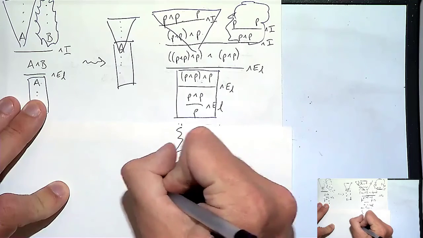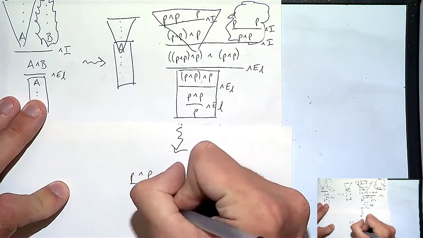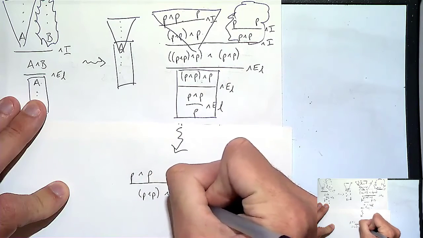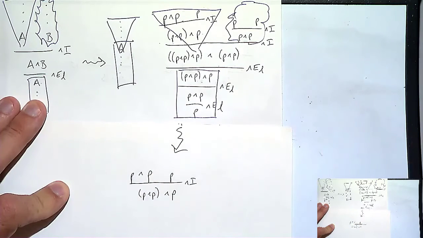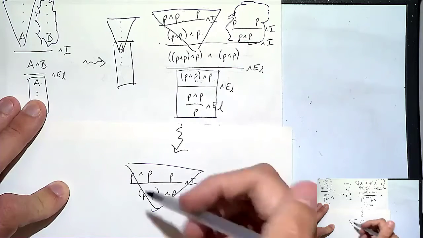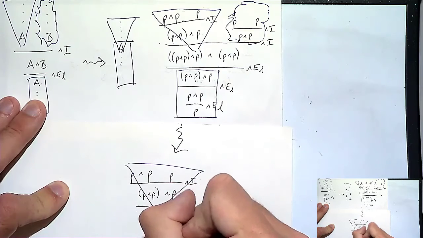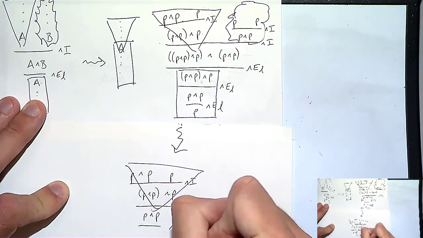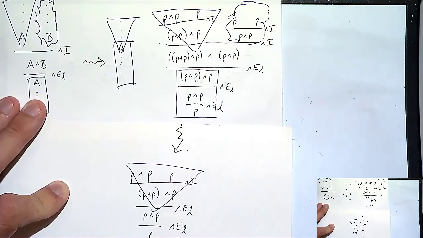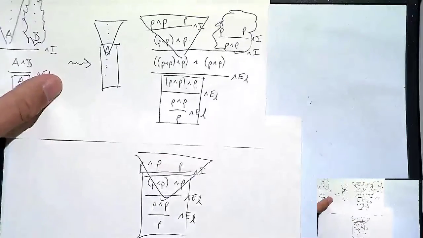Right, so the result in this case, we start from our triangle proof, P and P, P, conjunction introduction, P and P and P. That's our triangle. And now we take the rectangle, which wants some input like that, and continue on. Conjunction elimination on the left gives us P and P, and then conjunction elimination on the left gives us P. So this whole, overlap it that way.